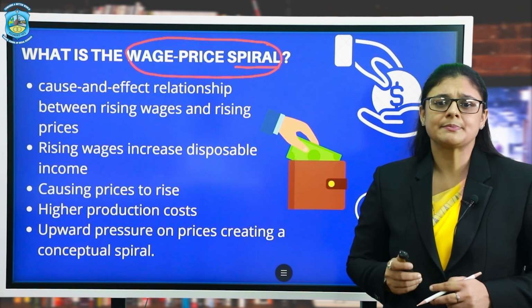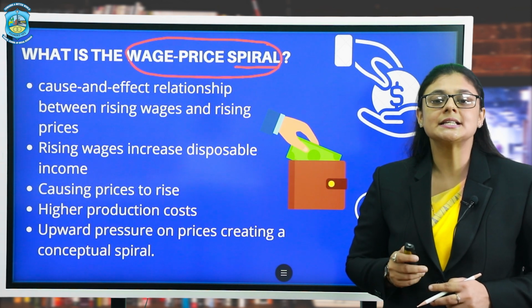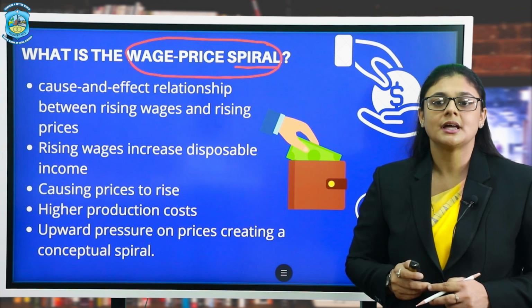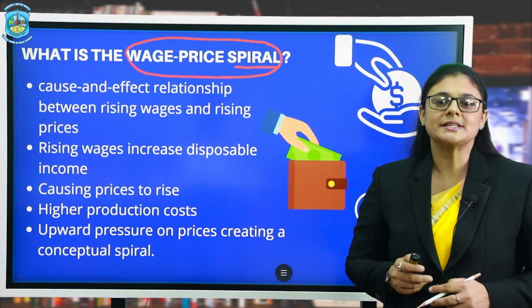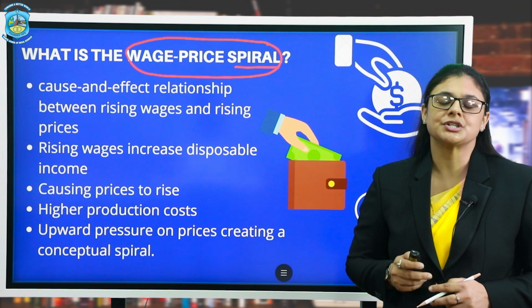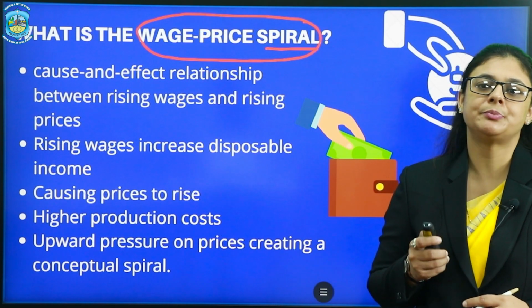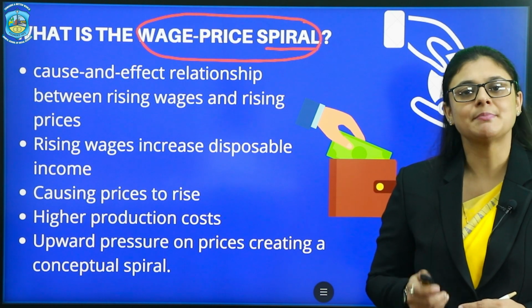It suggests that rising wages increase disposable income, raising the demand for goods and services and causing prices to rise. Rising prices increase the demand for higher wages, which leads to a higher production cost, and this higher cost leads to upward pressure on prices, creating a conceptual spiral.